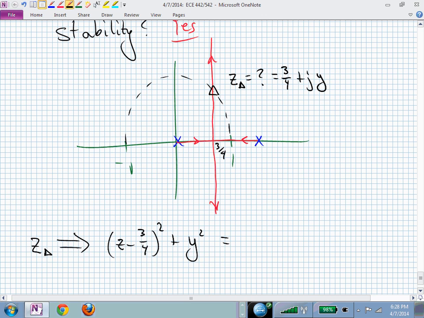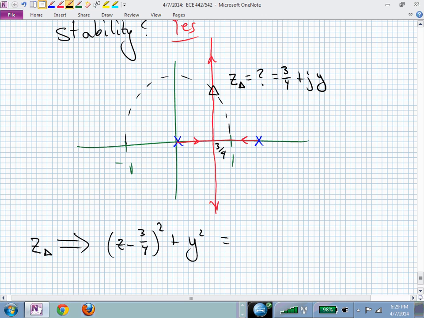Do we know anything about it? In particular, I'm asking, what's the constant coefficient of the equation that has Z delta as roots? How else can I say this? If I had two roots on that unit circle, what do I know?